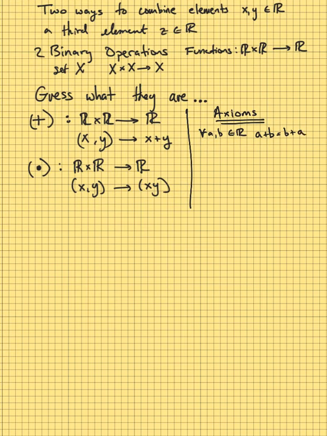That's going to be that addition is commutative. If I take three of them, then a plus b plus c is the same as a plus b plus c, grouped differently. The second one is associative.